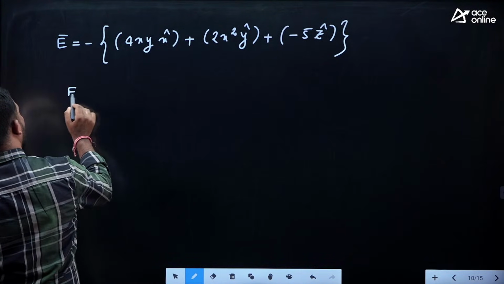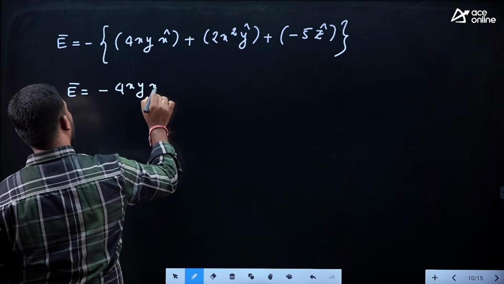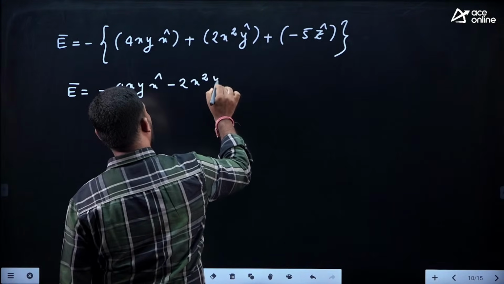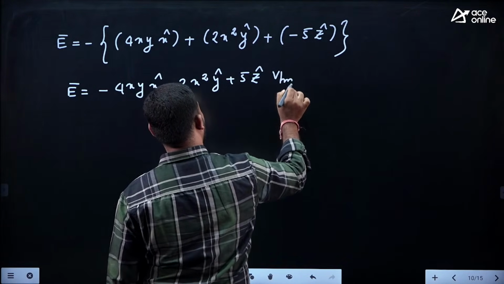So this is minus 4xy x cap minus 2 x square y cap plus 5 z cap. Units are volt per meter.